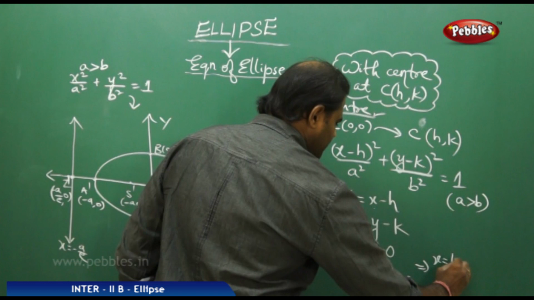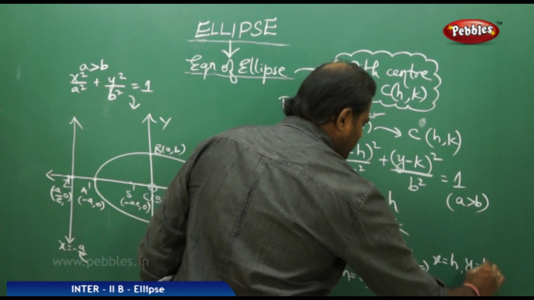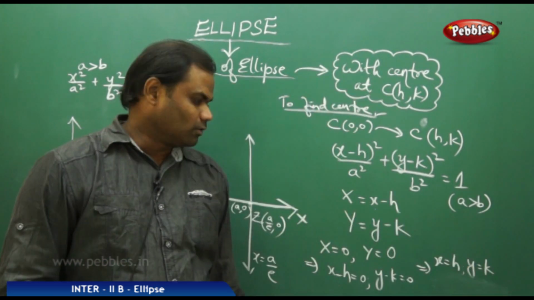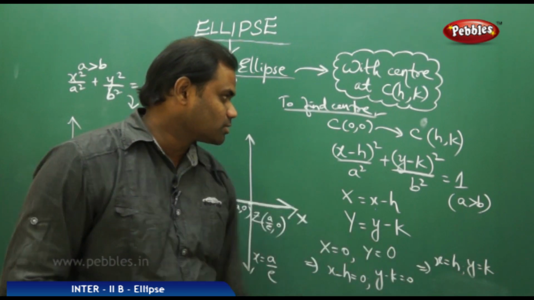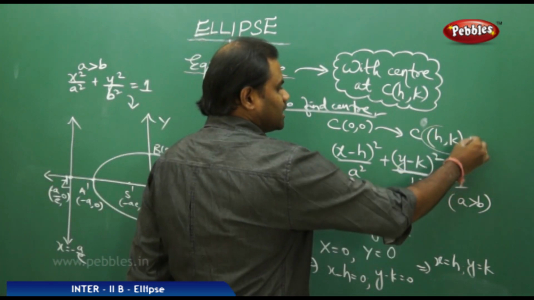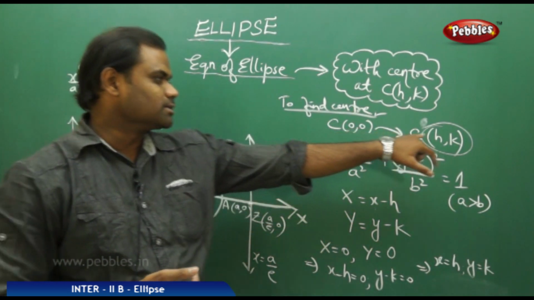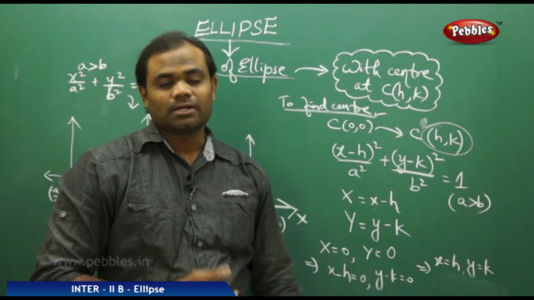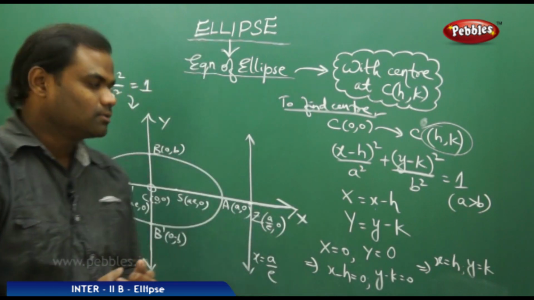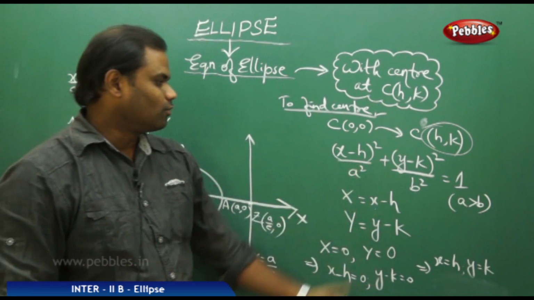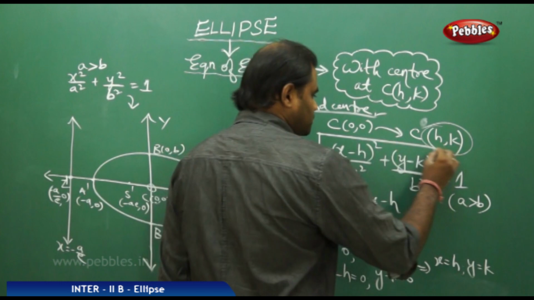That implies x is h and y is k. Therefore with x equal to h and y equal to k, I get my center as h, k. That is, the new center for the transformed equation is h, k. This is how we find each of the contents, with center being h, k for this equation.